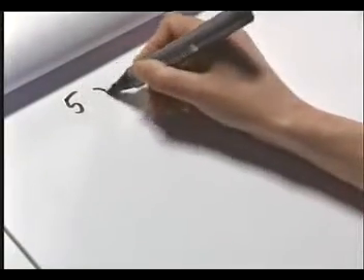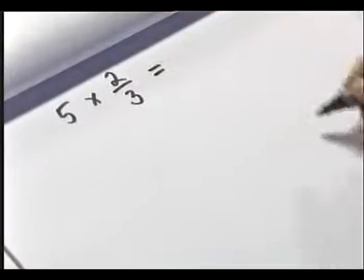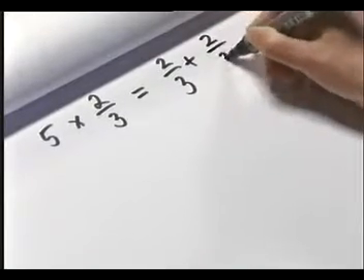Let's look at another example. 5 lots of 2/3. So we've got 2/3, 5 times.